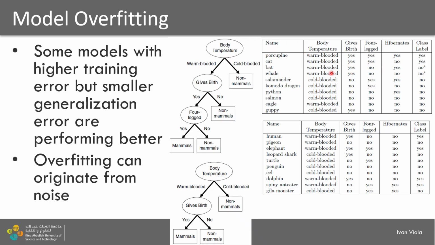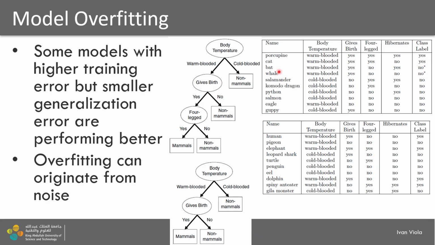For example, here we can see that the bat is a warm-blooded animal. It does give birth. It's not four-legged, but it has been wrongly classified as not a mammal.